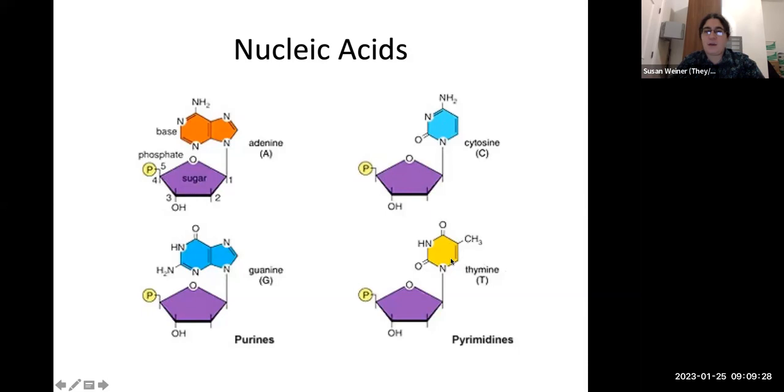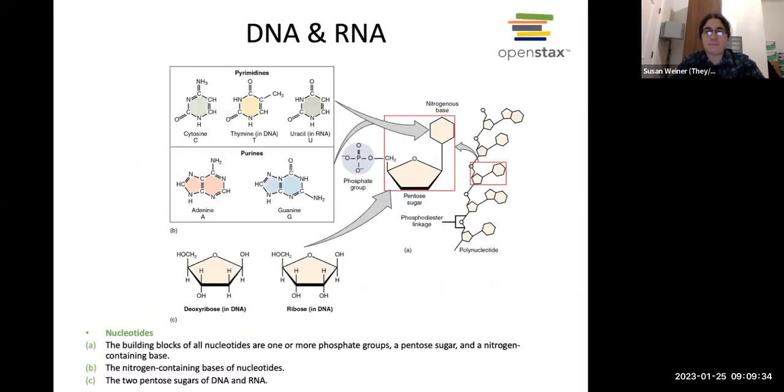And then we'll also have ribonucleic acid, RNA, which looks very similar. So here's DNA and RNA. So we can see deoxyribose in DNA and ribose in RNA.